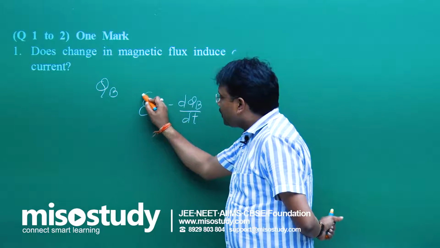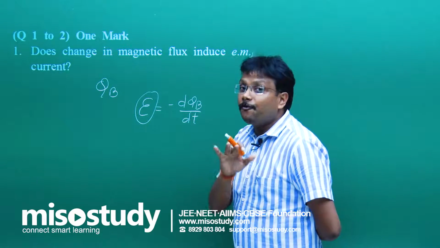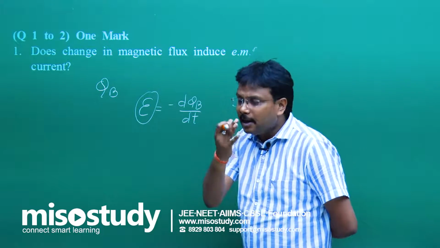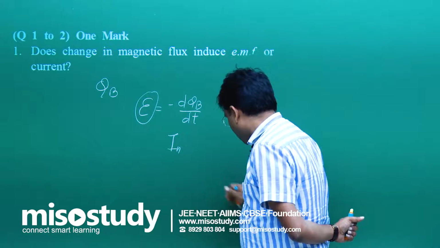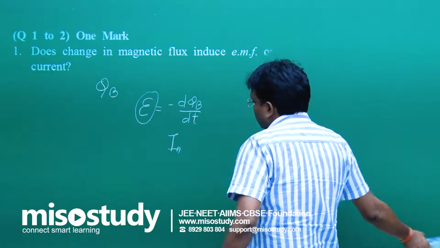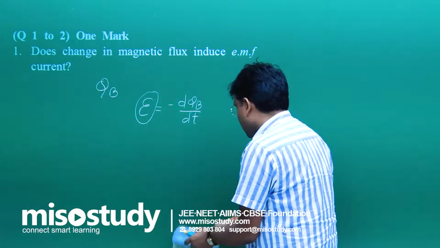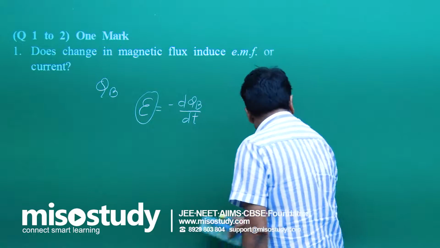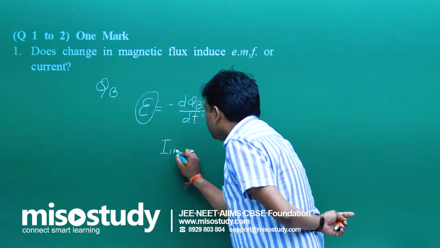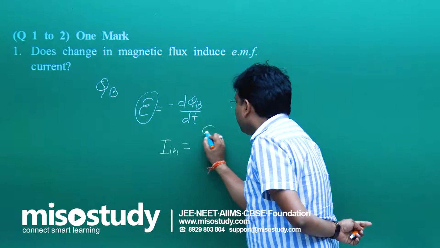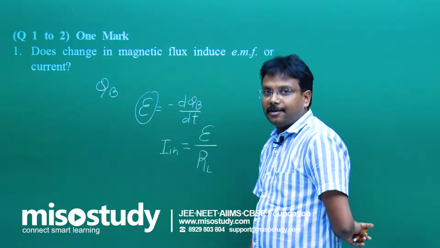So, this induced EMF comes first into the picture, then induced current, I induced, is equal to this upon load resistance or resistance.